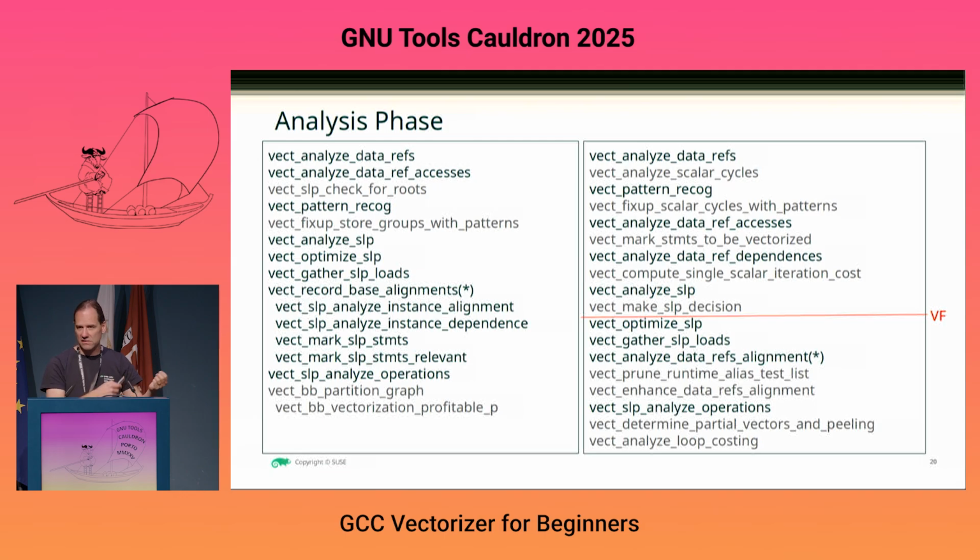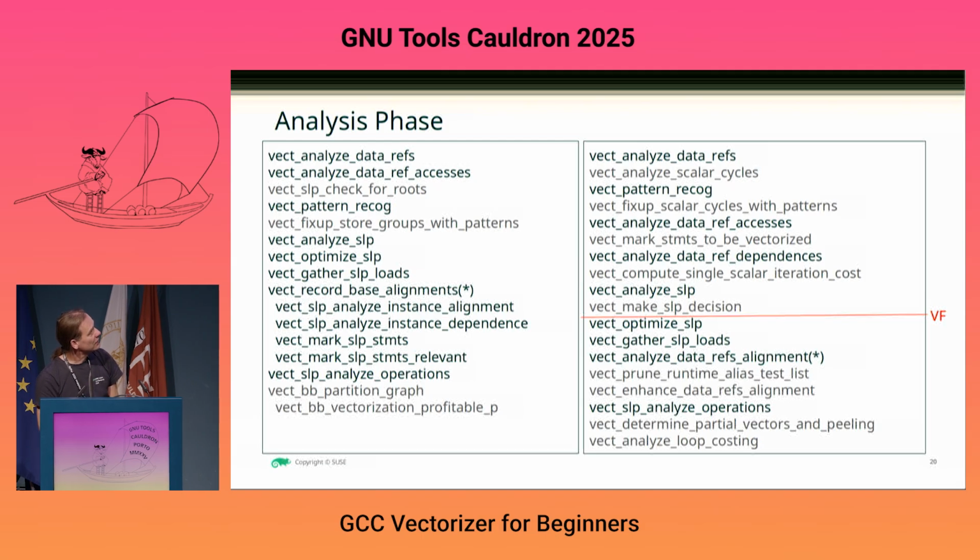Like in the source example I showed before, we had 3 elements of a struct loaded. So it will correlate these 3 loads and say, well, they are a group, and this is the distance between the elements and stuff like that. This is the analysis of the data ref accesses.